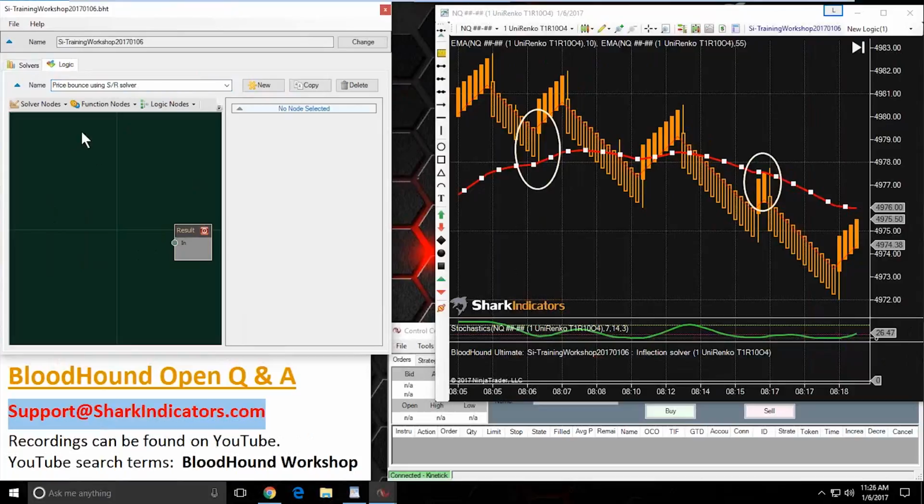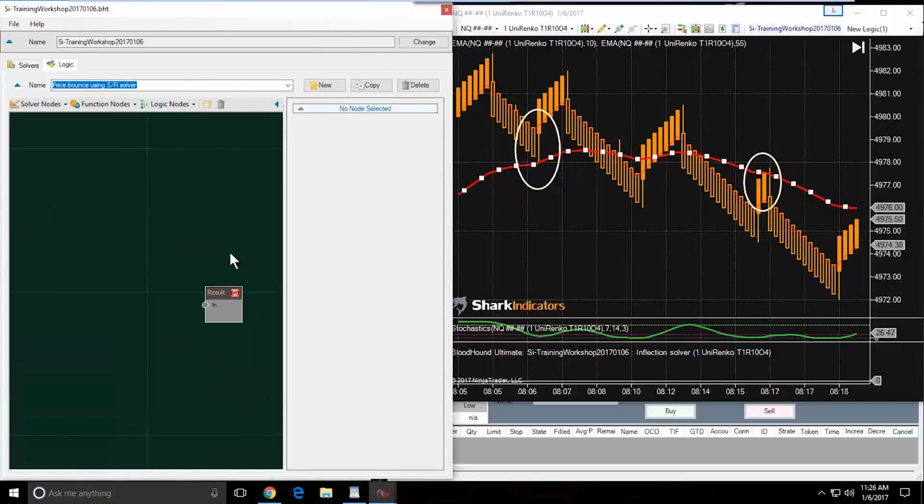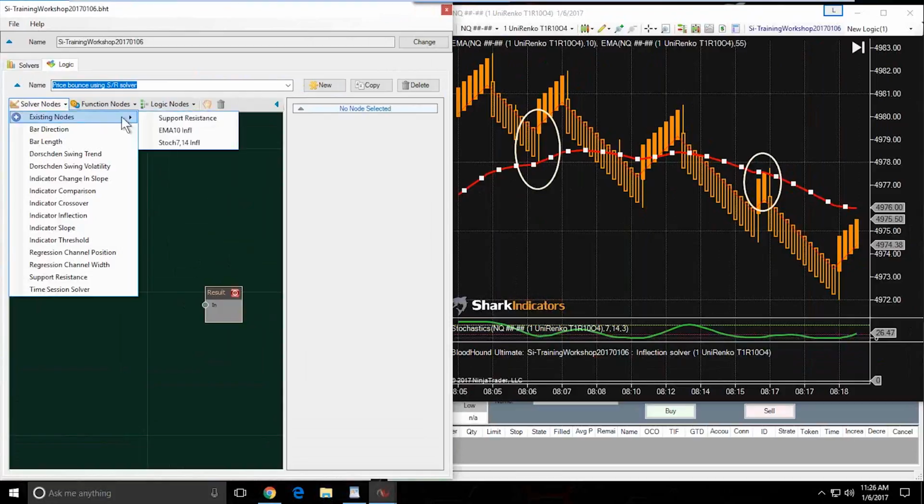Now keep in mind the support resistance solver is actually not the optimal solver to use, and I've done this on purpose to get into a little more complex logic.